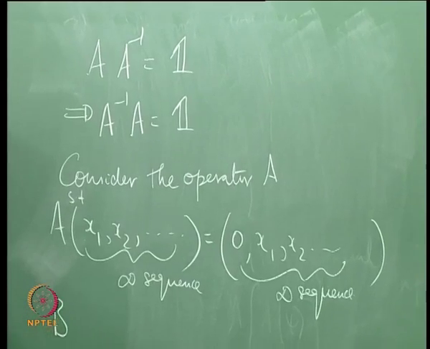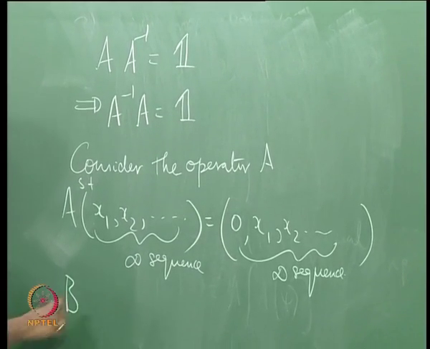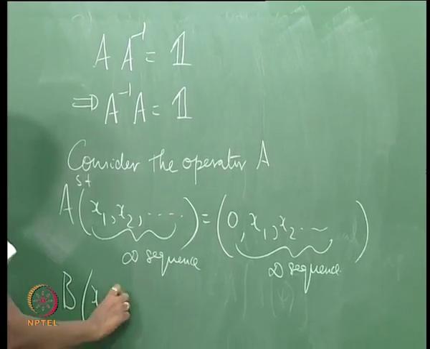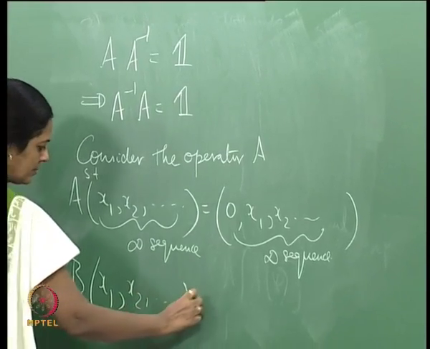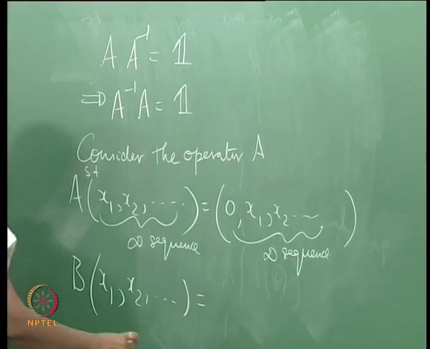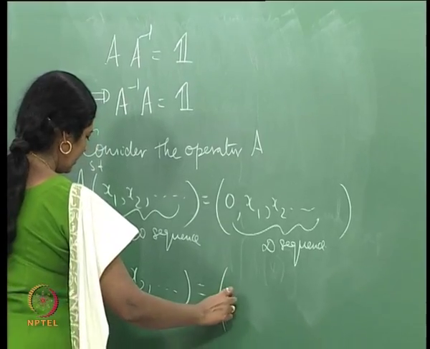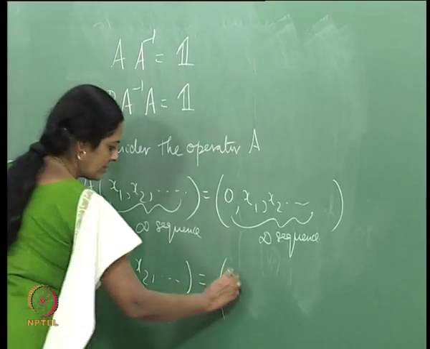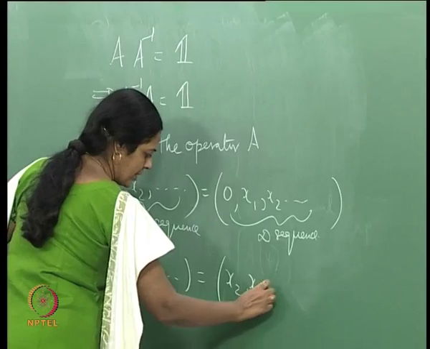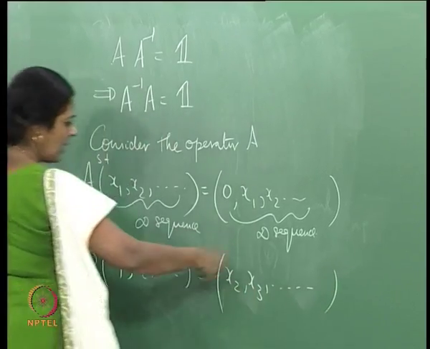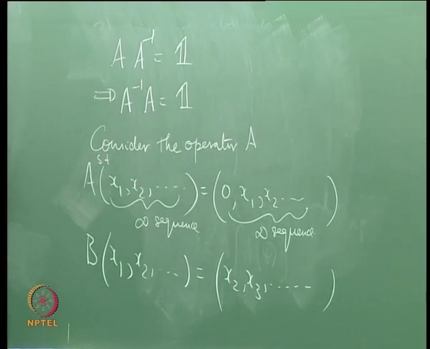Consider the operator B. B acts on a sequence with the following effect: it simply removes x1, the first entry, and leaves behind another infinite sequence.